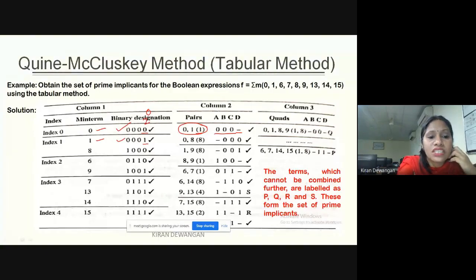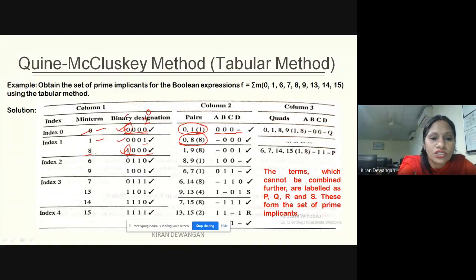Now we'll check 0 and 8. Again in 0 and 8, it is differing by 1 bit position. This is 0 0 0 0 and this is 1 0 0 0. So again it will form a pair. This is a second pair, 0 8, and it is differing at this position. ये वाला position में differ कर रहा है.